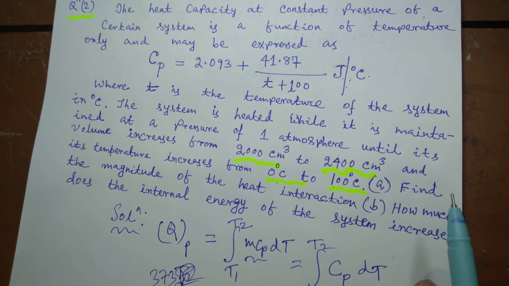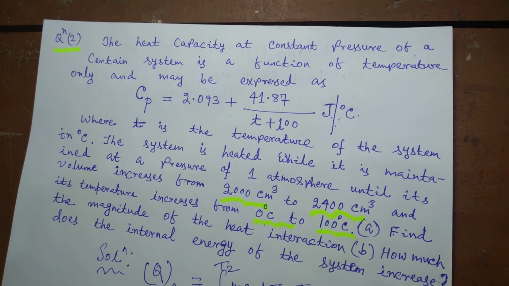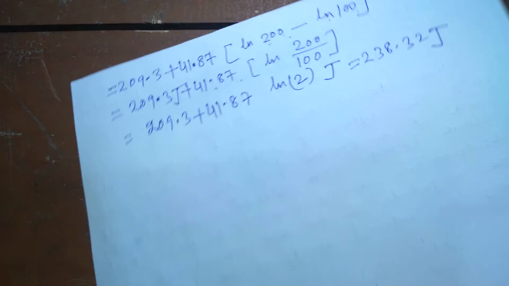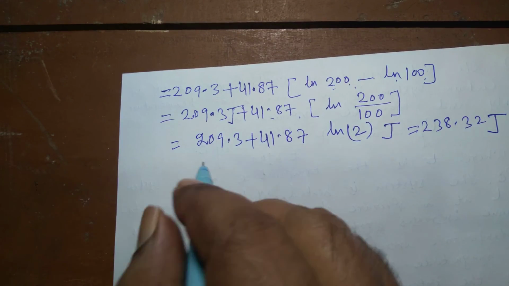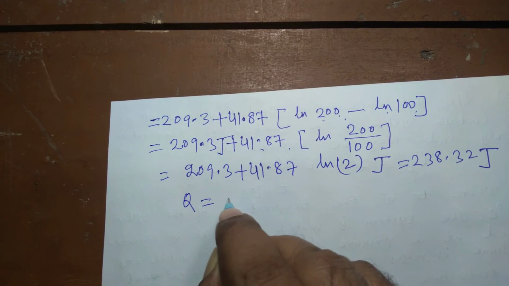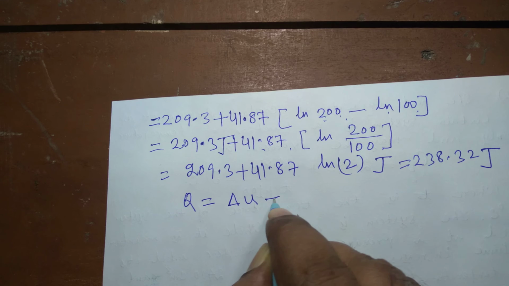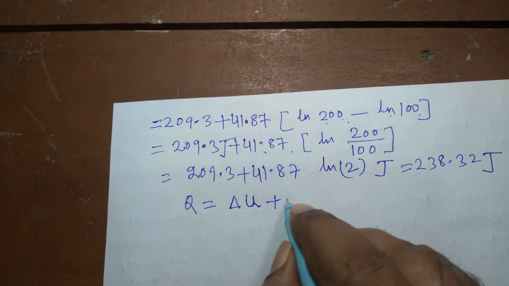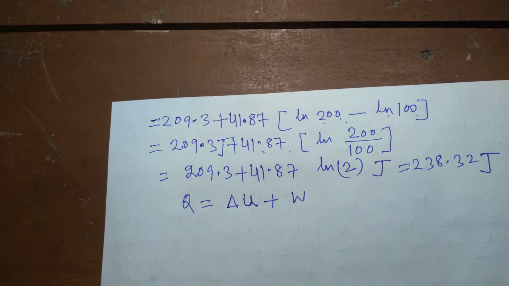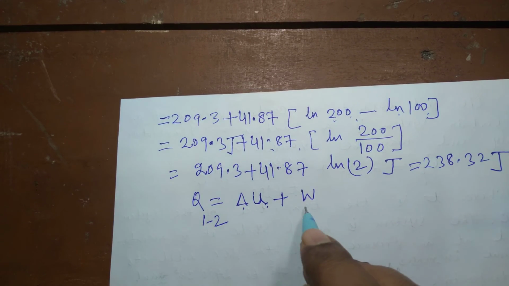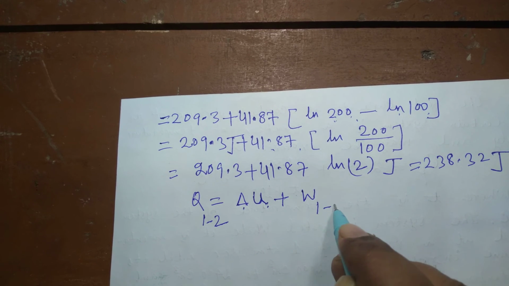But the second bit is how much does the internal energy of the system increase. That we have to find out. We know that the equation is Q is equal to delta U plus W. So Q12 is equal to delta U plus W12.